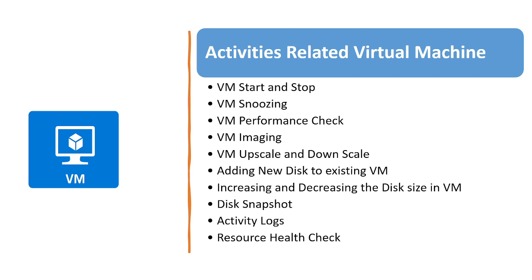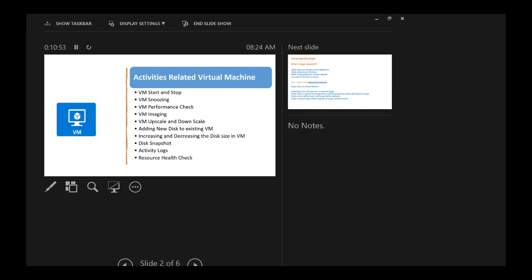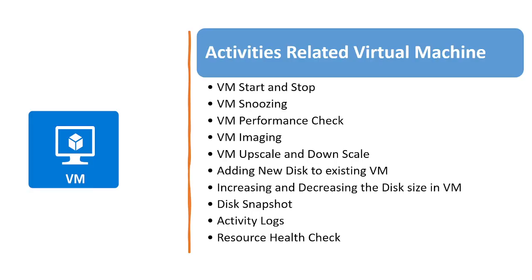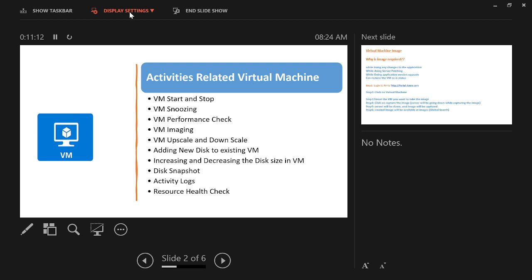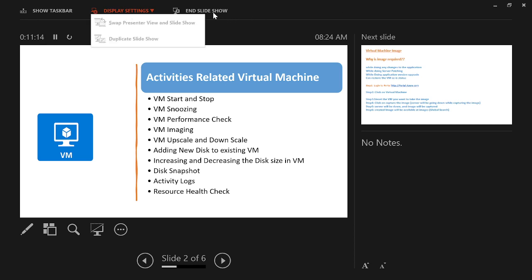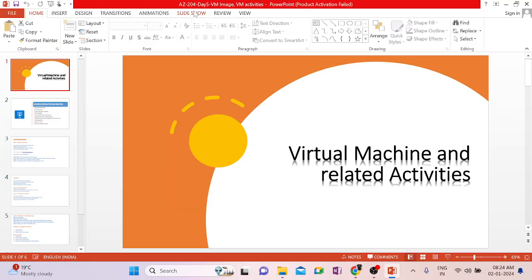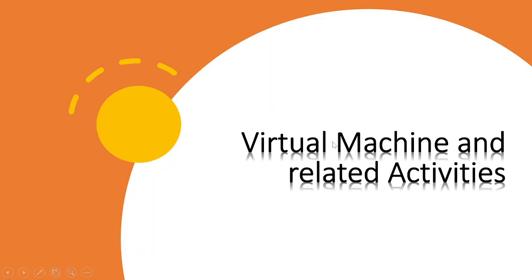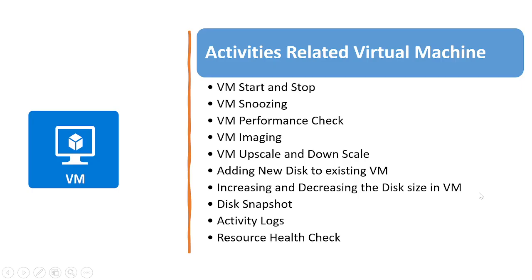So there is some operation that happened at the data center level, and you need to move this virtual machine, or you have to redeploy this virtual machine to another hardware. Okay, so they will give these kind of suggestions there in the resource health check blade. Yeah, so this is called the health check.